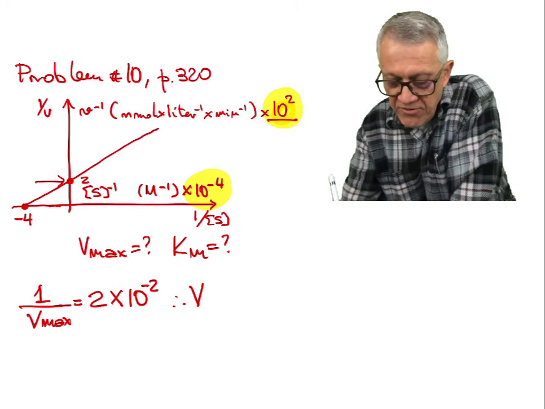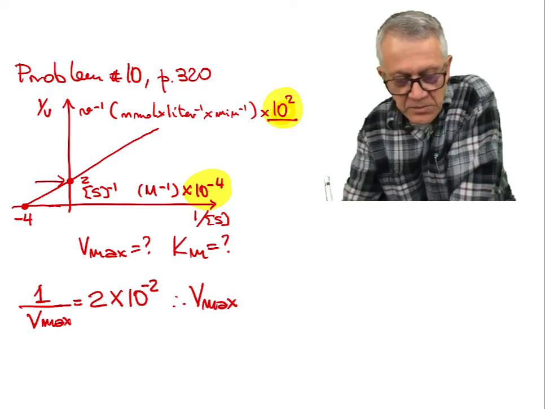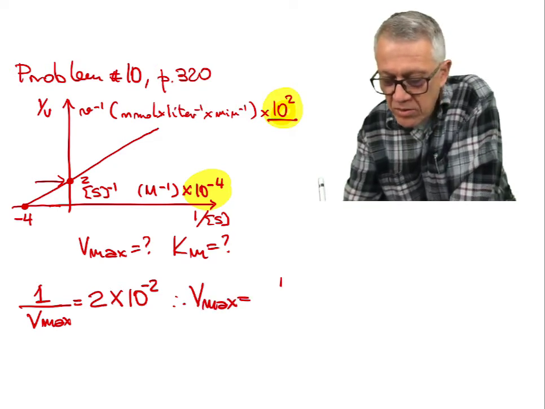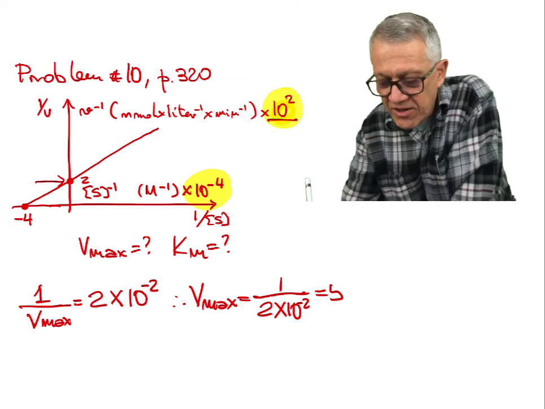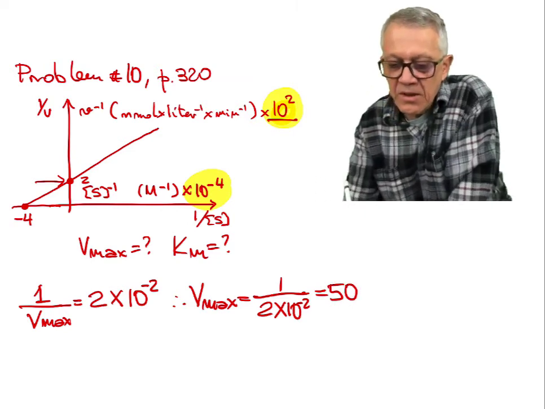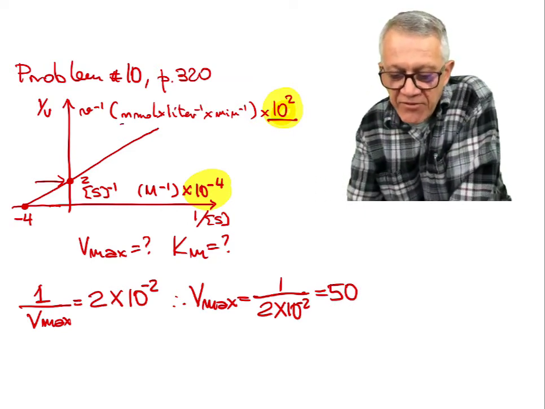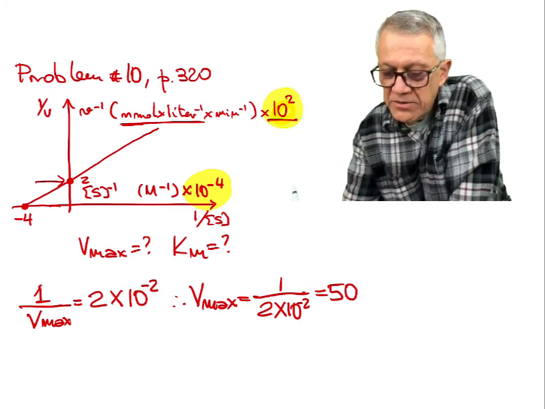So therefore, the Vmax is going to equal 1 over 2 times 10 to the power of negative 2, which gives you 50. And what's the unit that we have for concentration here? Nanomole per liter.